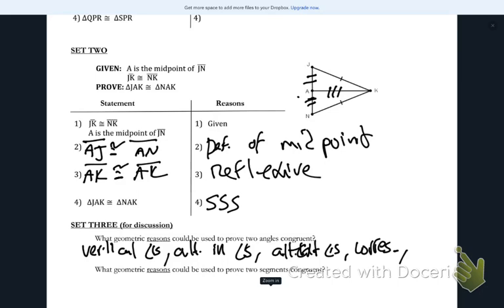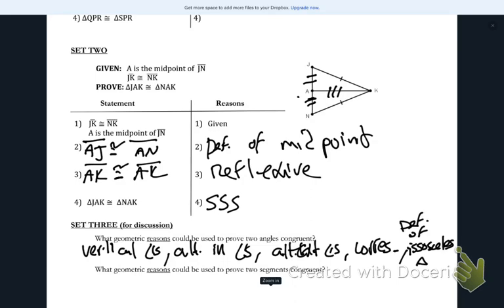So I will just say definition of isosceles triangle. That could also be another reason.